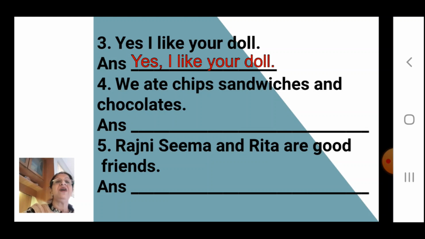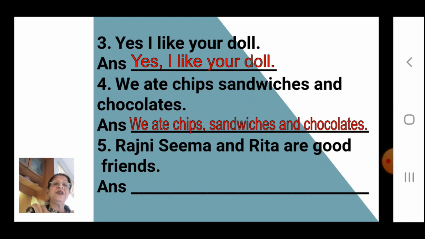Now open page number 56 and continue with sentence 4. "We ate chips, sandwiches and chocolates." So where are we supposed to put a comma? Now you know it, so you can do it. Yes, we put a comma after chips.